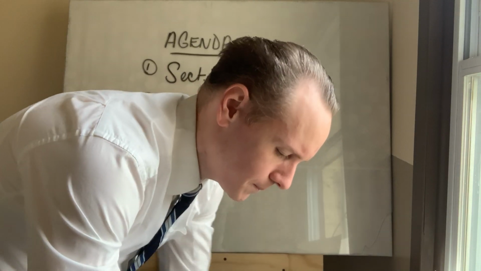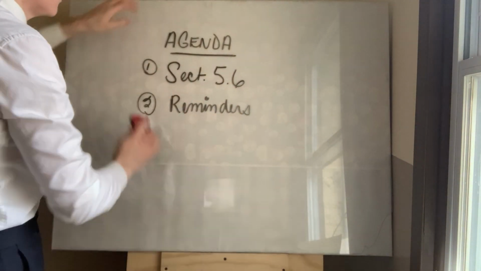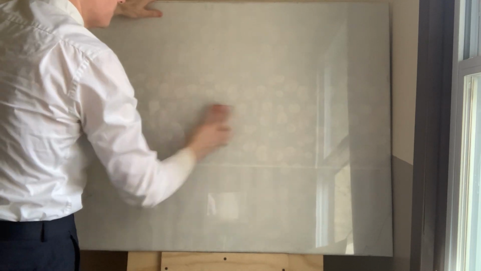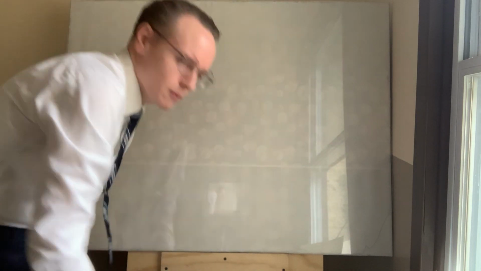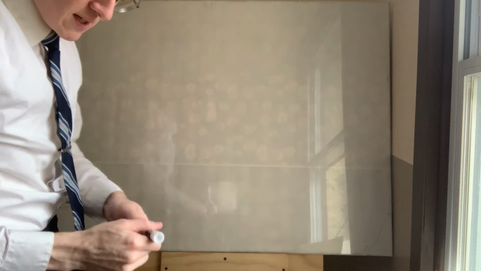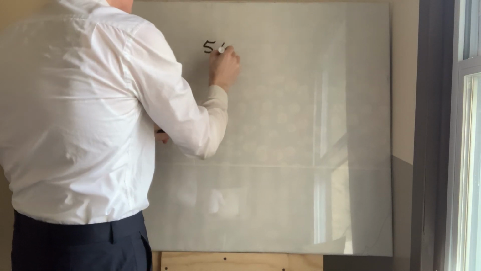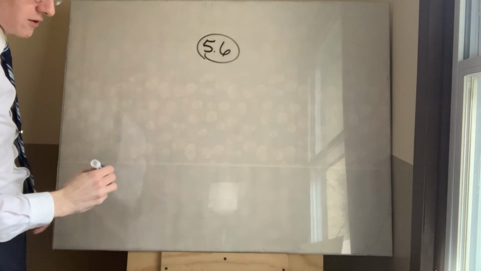All right. Let me give you an overview of what is covered in section 5.6. I hope I didn't say 5.3. I feel like I did somehow, but 5.6. In 5.6, there's 3 things basically.